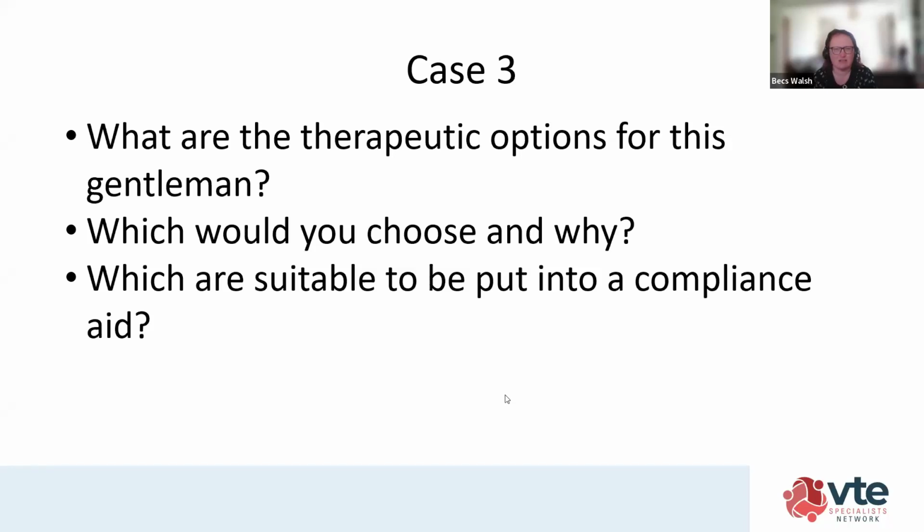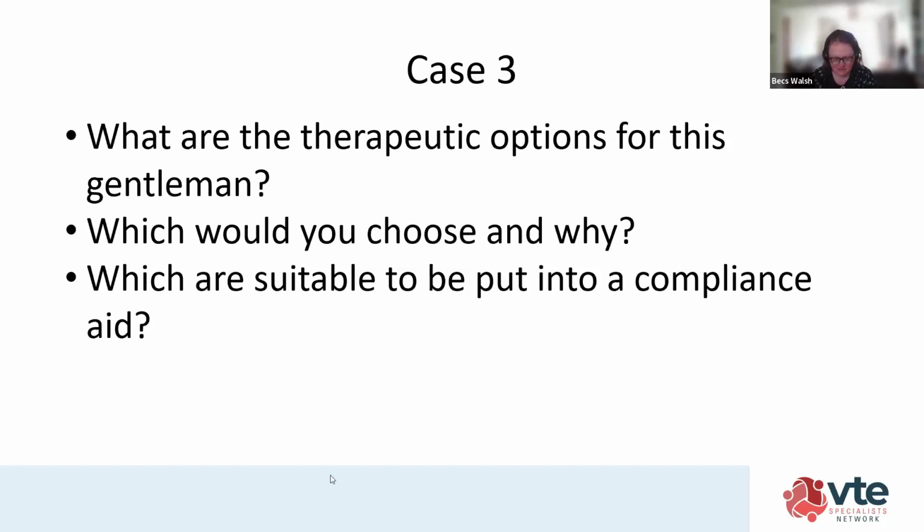I couldn't see a reason for a dose reduction, so I went with full dose DOAC. Does anybody disagree? Would anybody like to reduce the dose of the DOAC if they selected that? Thank you, Jan. Everyone's saying no. Oh, excellent. Good. Just had a horrible feeling I'd missed something. Great.